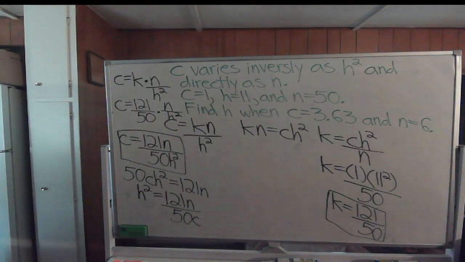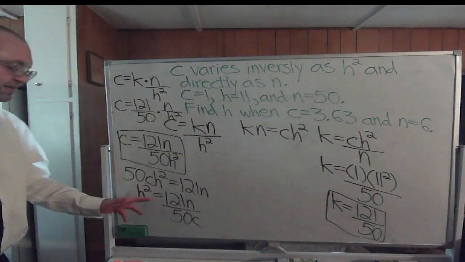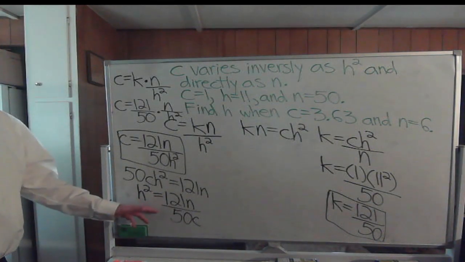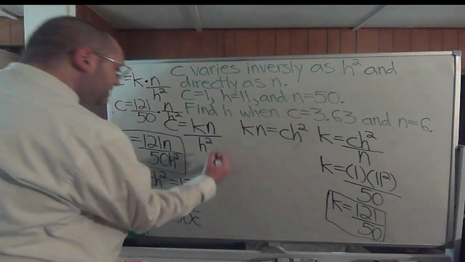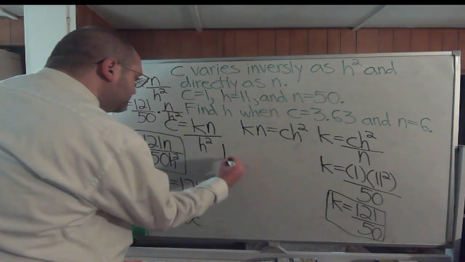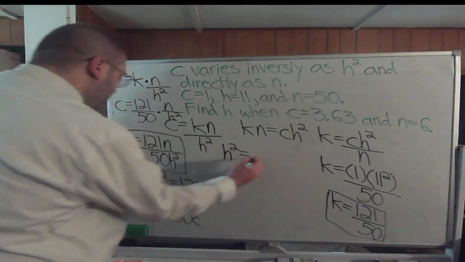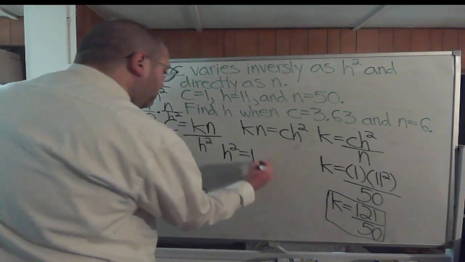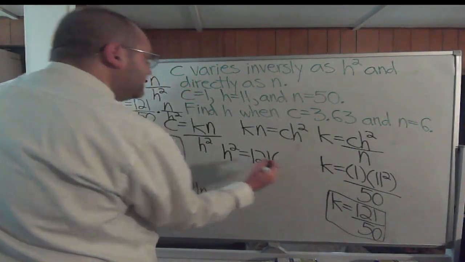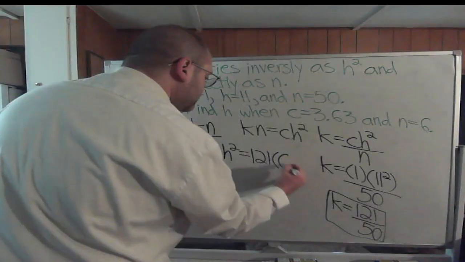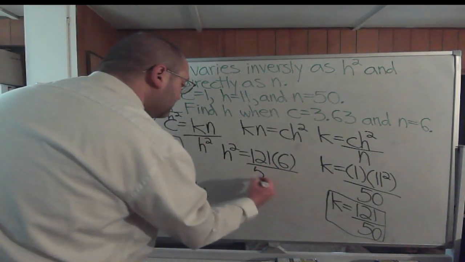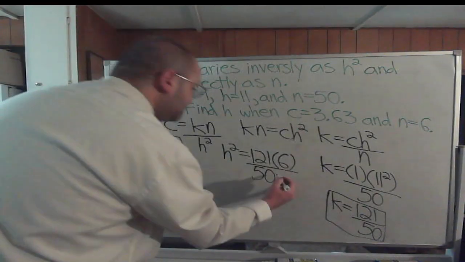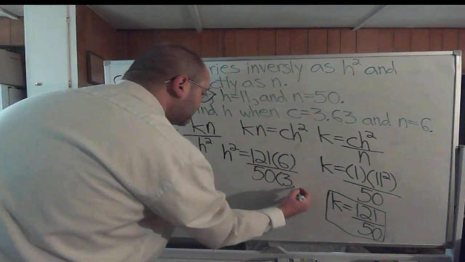Now at this point, since you've got the equation for h squared by itself, go ahead and plug in the value of the variables you're given. We're trying to solve for h, so all we're given so far is h squared. That's going to equal 121 times your value of n, which was 6, over that 50 times your value of c, which was 3.63.